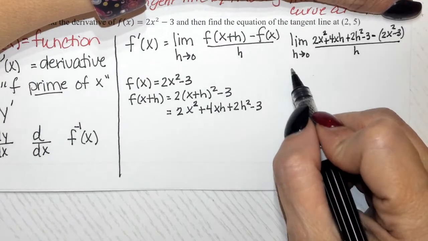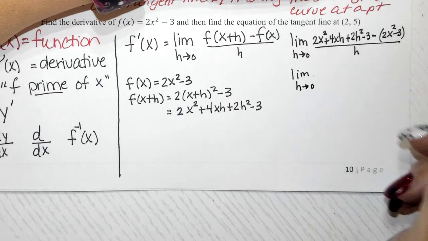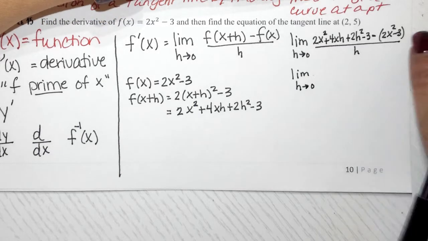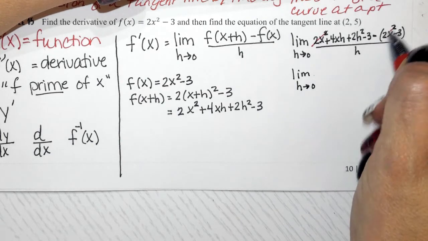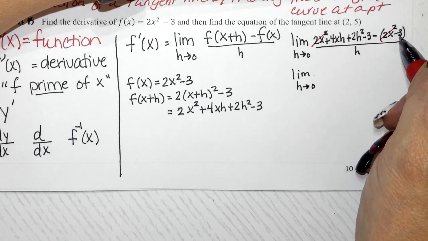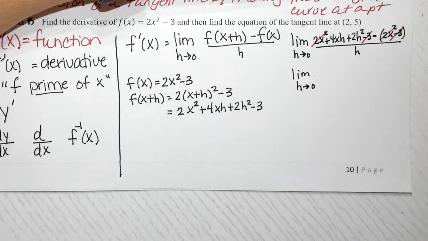Okay, then I'm going to say the limit as h approaches 0. Now, I'm going to cross some things off because I know that I'm going to change the sign on these two, and I know those 2x squared terms are going to cancel out. This -3 is going to become a +3, and when I do, those 3's are going to cancel out.